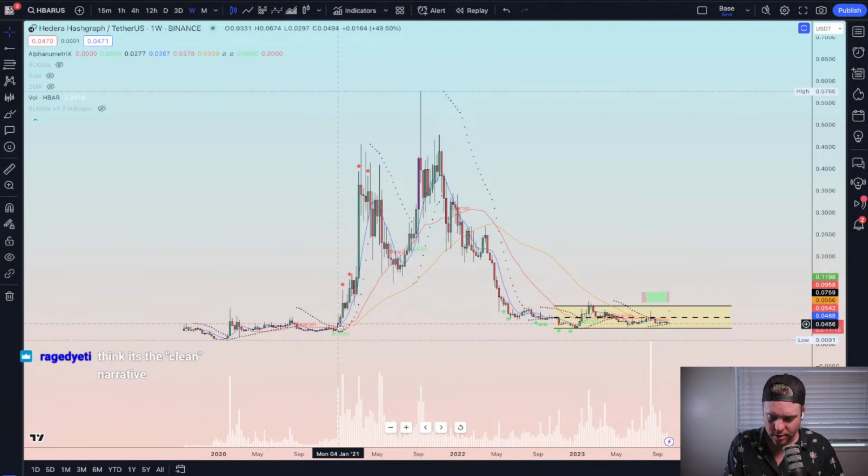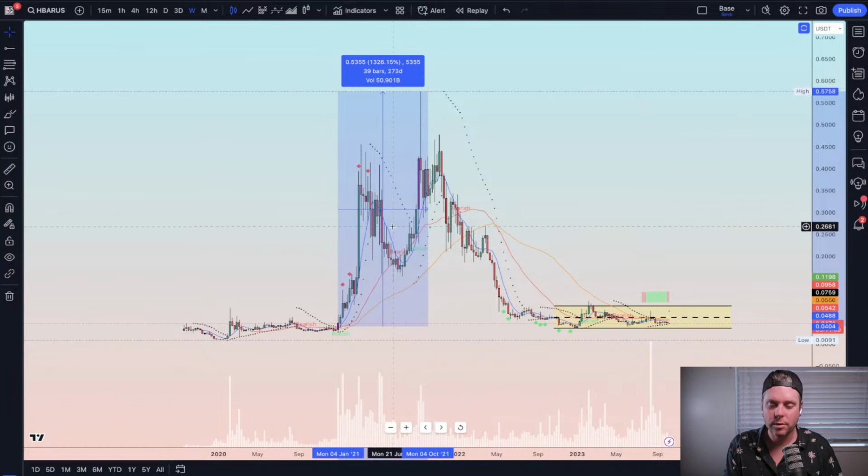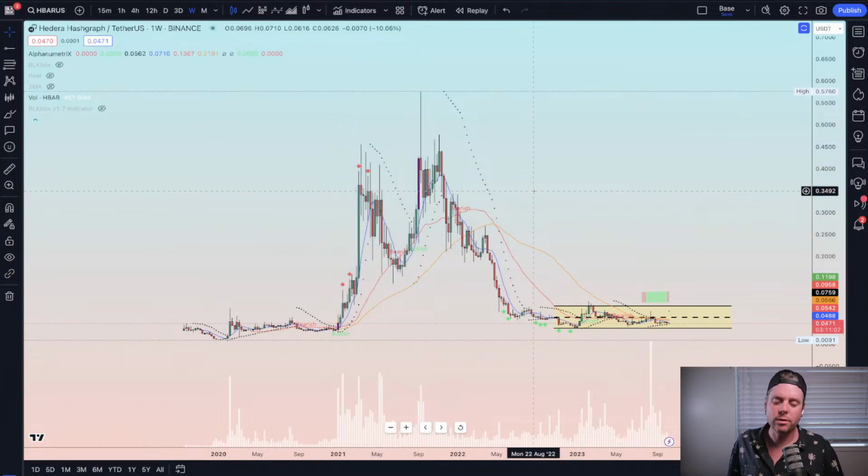And its bull market from the breakout to its all-time high was only 1,300%. But comparative to other altcoins, usually when you hear so many people asking about a coin, it's because it's had monumental gains. H-bar hasn't, and it hasn't had gains in a very long period of time, but I constantly hear about it. So there must be something going on with the fundamentals.